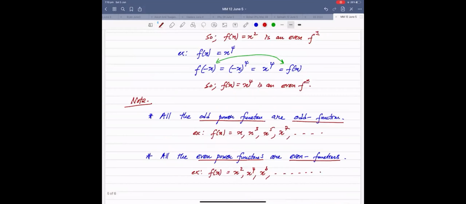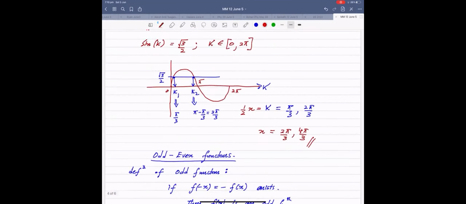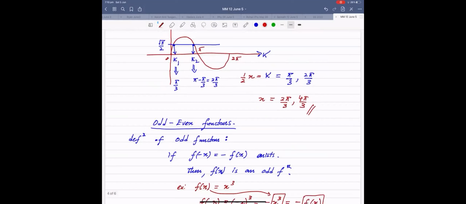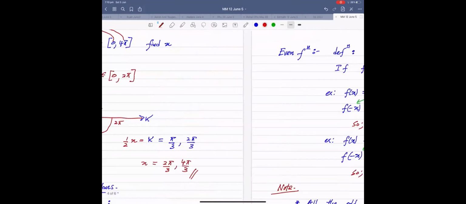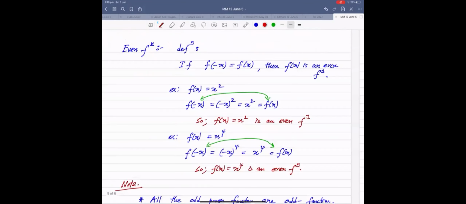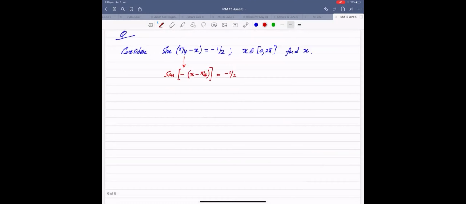In all the other questions, we had sin x, cos x, tan x, right? So here, I get minus x. It's bothering me. So I took the minus out from everything.